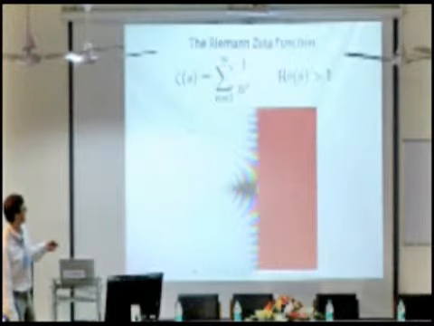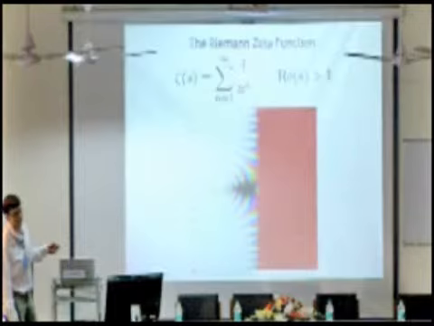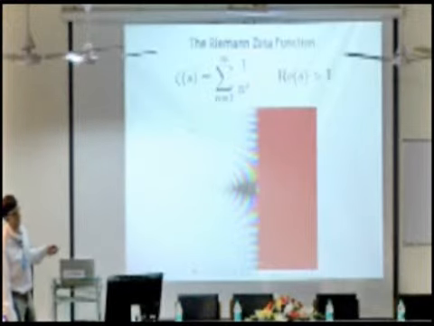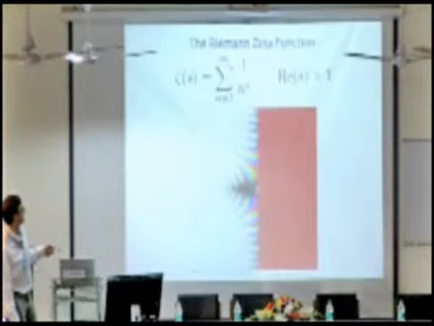And you may know that maybe the most famous outstanding problem in mathematics is the so-called Riemann conjecture. If you ask what the zeros of this function in the complex plane are, there are some so-called trivial zeros that lie on the negative real axis and are equally spaced.